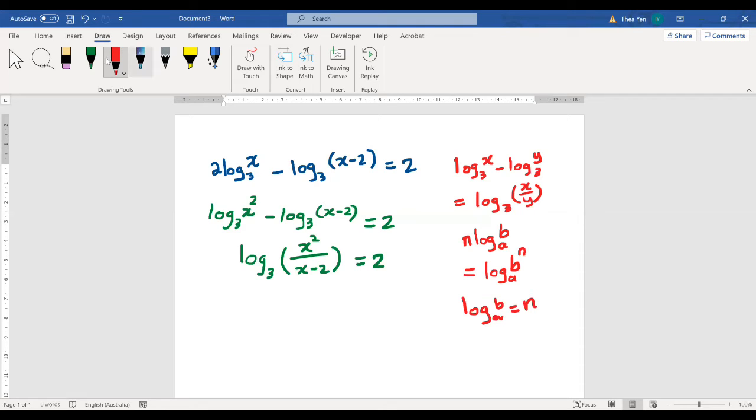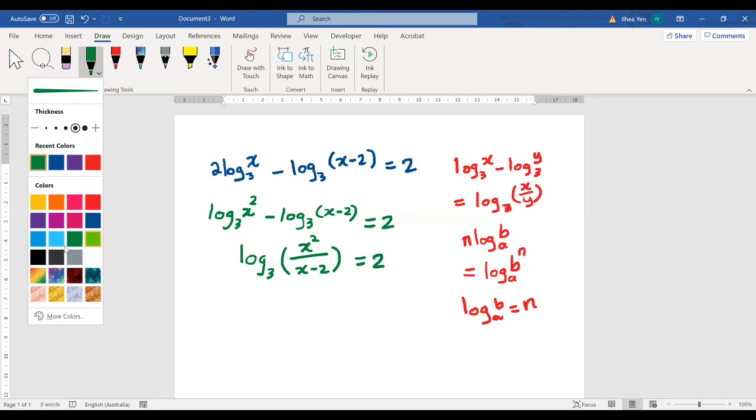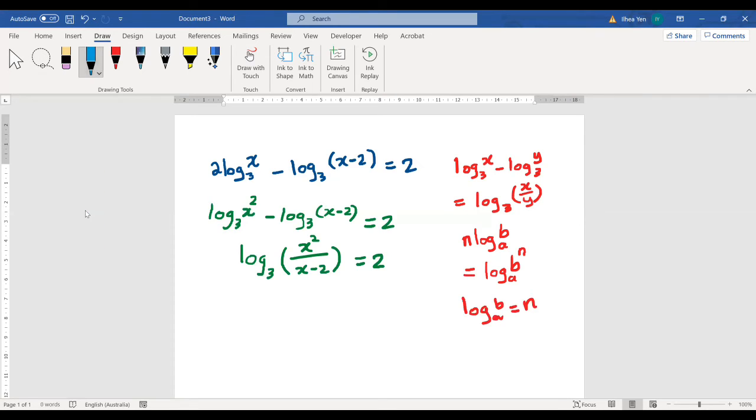So hopefully you remember this. I'm going to put this into index form. Which color do I use? Okay, so here, this is my power, and that's my solution, my answer. That's my base.